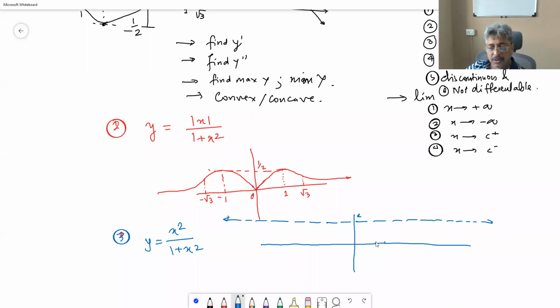So this is 1. This is 1 upon root 3. This is 1 upon root 3. So at this point, it is going to be asymptotic. So from here to here, it is going to be convex. Now you cannot continue convex like this eventually because it will cut this line, y is equal to 1 line, if it is not becoming concave.